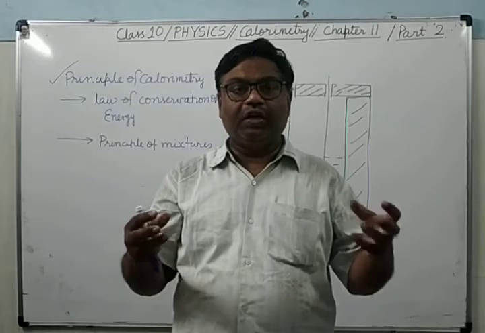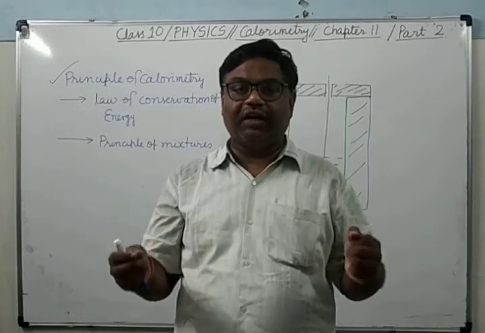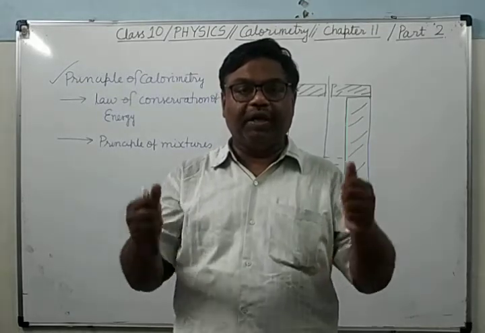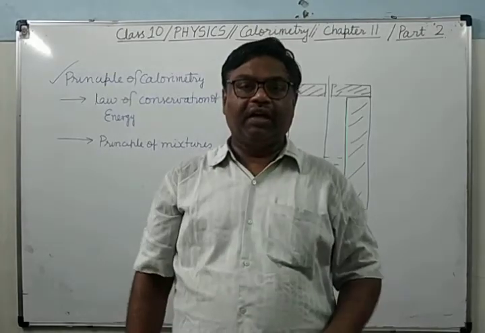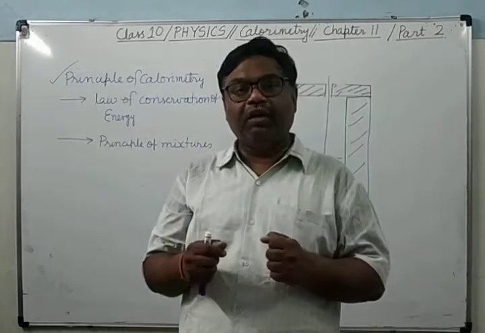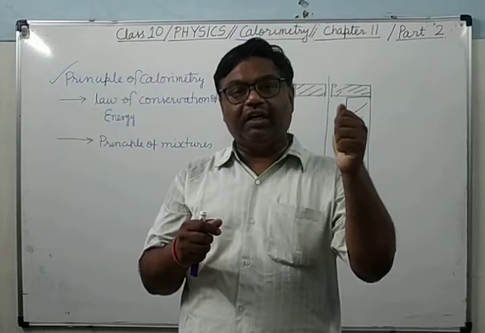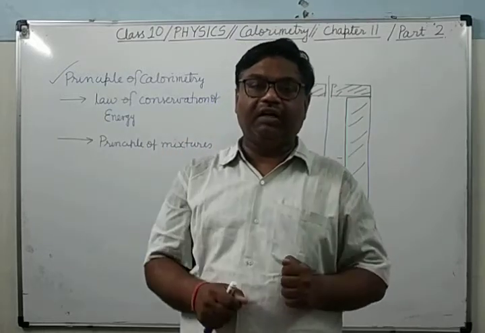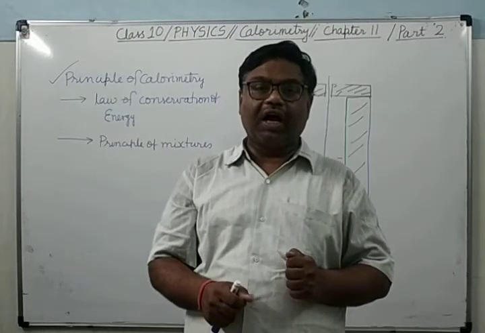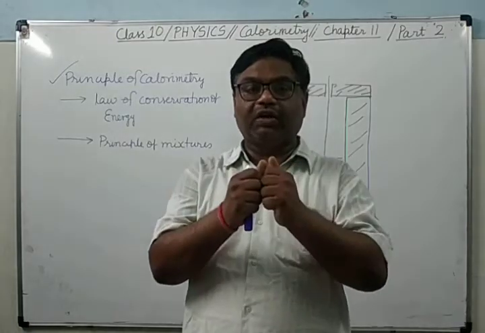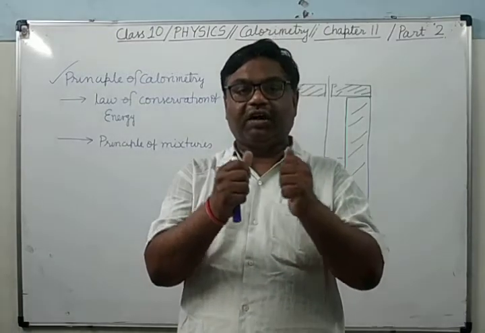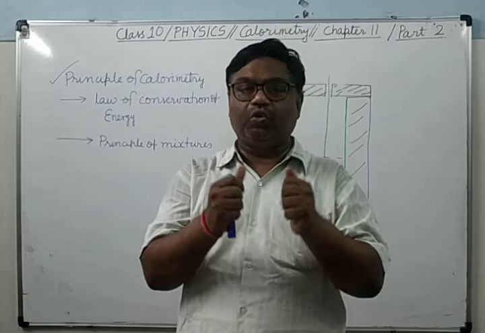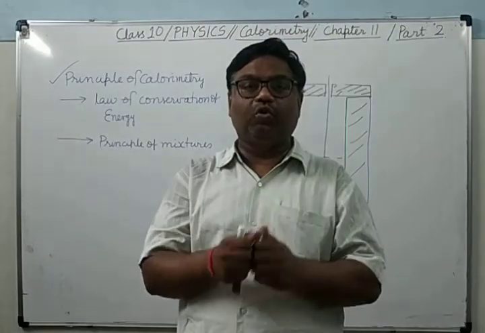Now once again you understand the meaning of principle of calorimetry. When there are two bodies at different temperatures and they are kept in contact, heat will flow from where to where? From a body which is at higher temperature to the body which is at lower temperature, until both bodies acquire the same temperature. Means heat का flow तब तक होगा जब तक कि दोनों bodies का temperature same नहीं हो जाता.